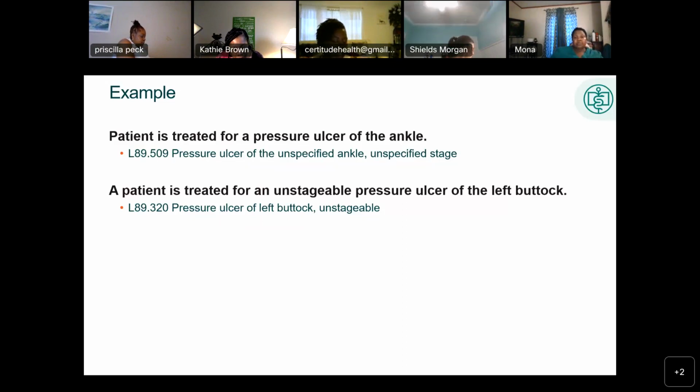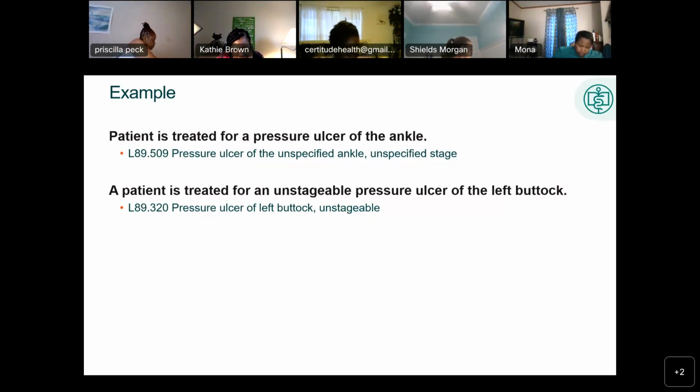Just looking at the header of ulcer, you can see it covers almost all of page 348, 349, page 350, and a little bit of page 351. So a lot of descriptions of types of ulcers. So specifically, let's look at the example: patient is treated for a pressure ulcer of the ankle.